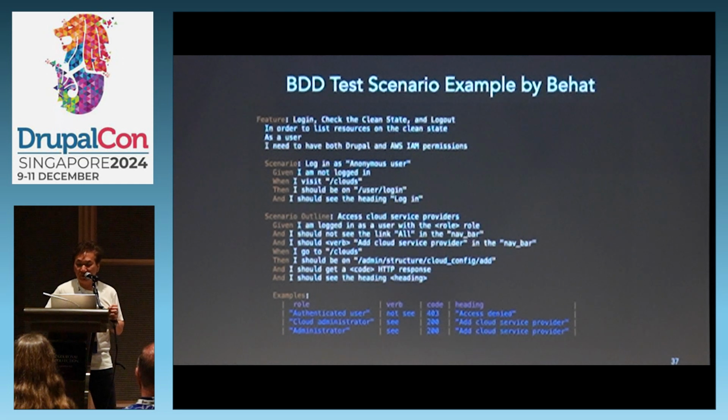The learning curve is not so steep to learn how to write a test scenario. So non-tech people, like our product owner or product manager, can also read and review the test scenario. One of our team members has a non-technical background; actually, her major is digital art.